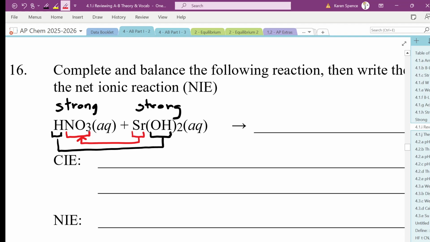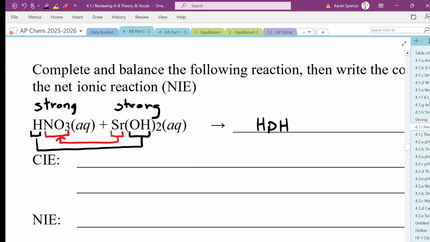So what do we get? Our outside ions give us H2O. I'm going to write it as HOH just for now, just to make it a little easier to balance, but I'll also show you that it can be very easily balanced without doing it this way.